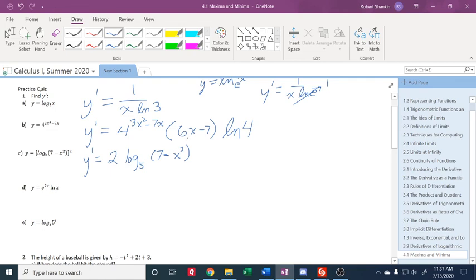So I could put brackets around it all to the first. And then times the derivative of everything else. So all we've really taken care of is the outermost function.